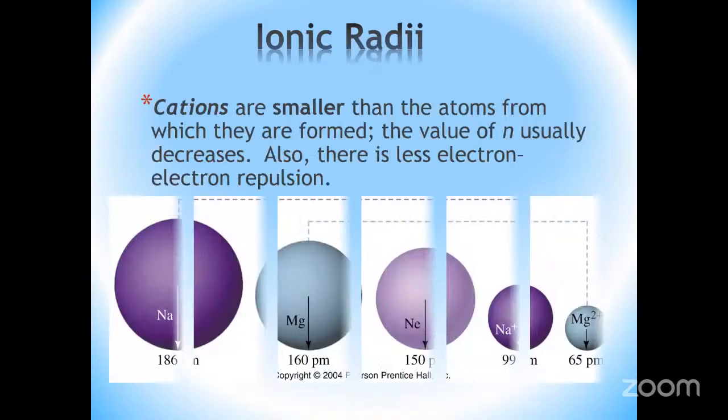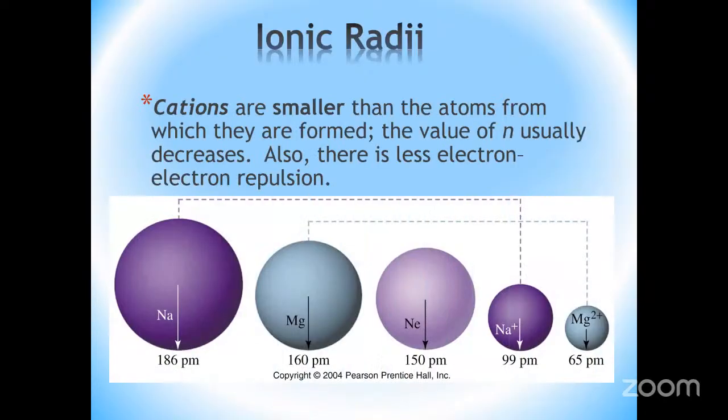First, we're going to compare the size of the ions to the size of the atoms from which they're formed. Cations are formed as a result of electrons being removed from atoms. What happens to the size of the ion? The cations are smaller compared to the atoms from which they're formed.